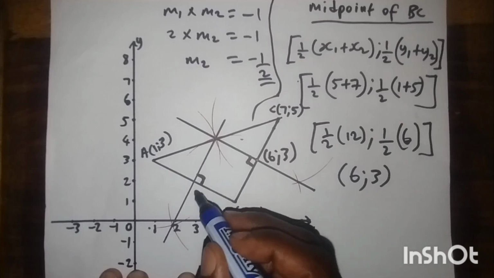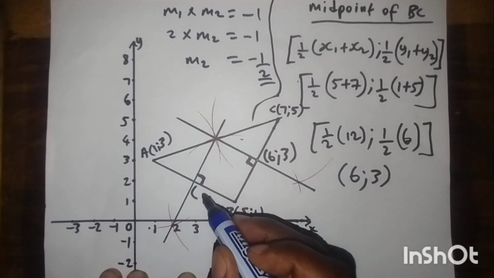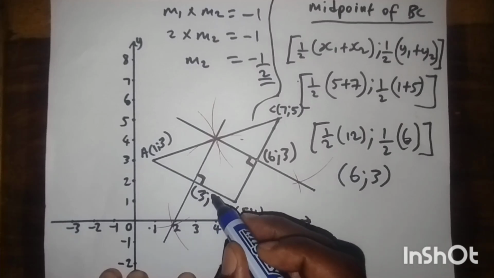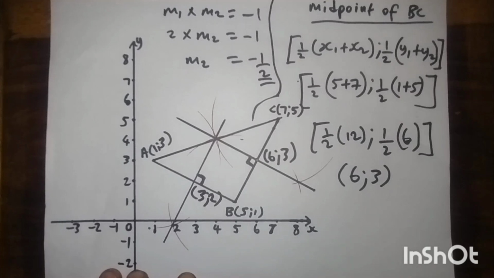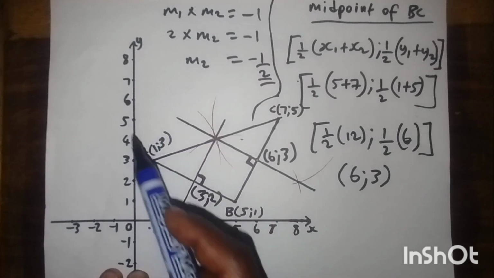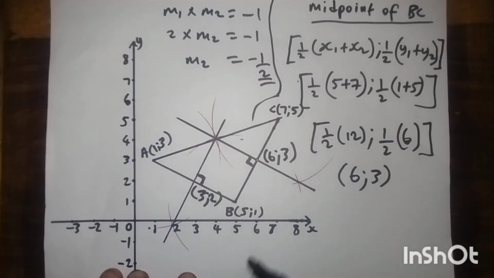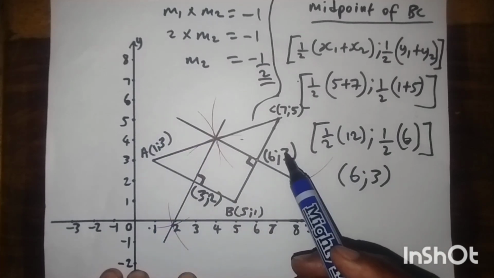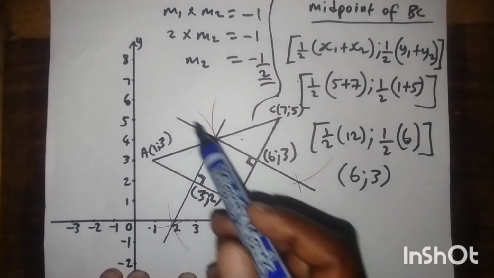And here the midpoint of AB we obtained was 3; 2. So now we want to find the equation of this perpendicular bisector of BC, which passes through the point 6; 3, and whose gradient is minus half.